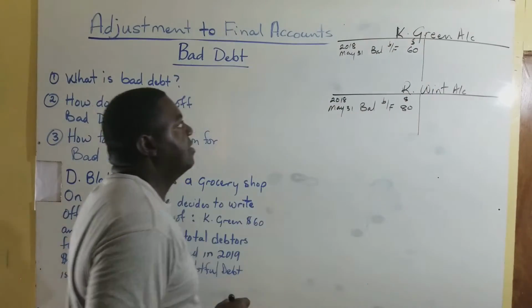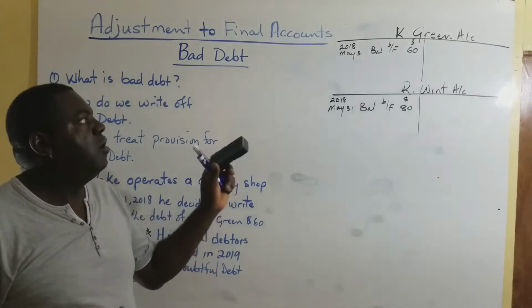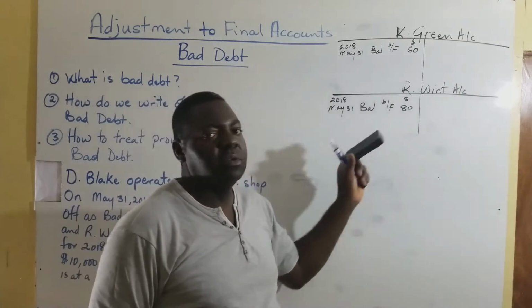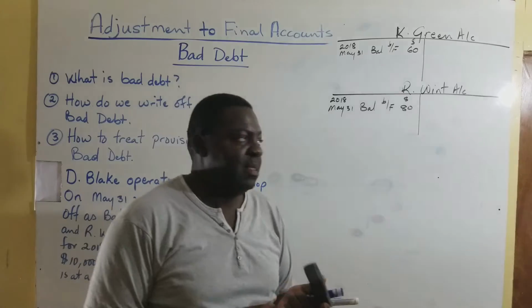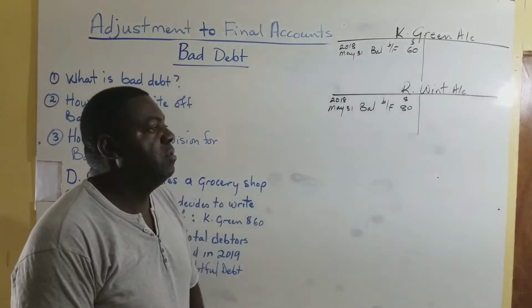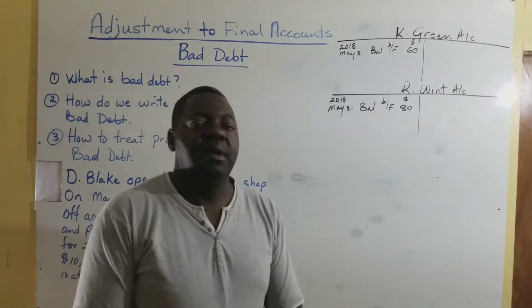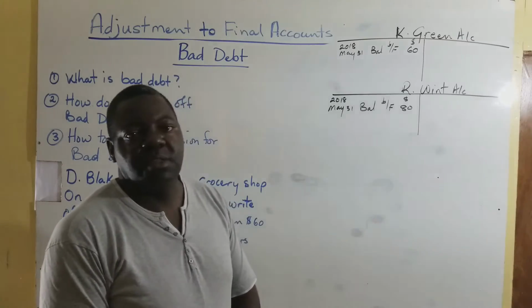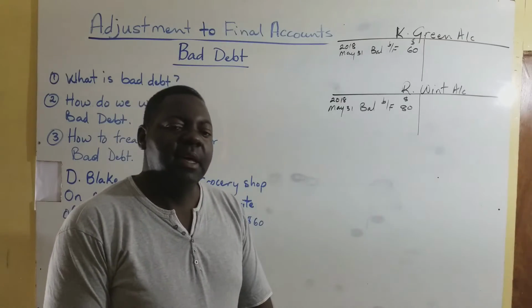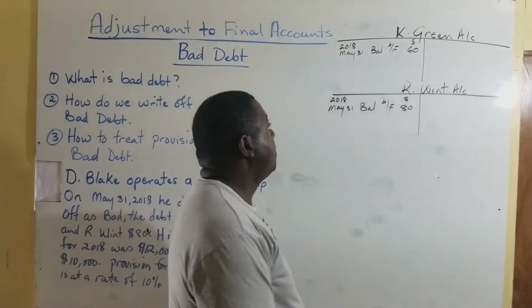All right. So that is what the accounts look like, showing that there's an outstanding balance that these two credit customers have for our business. And we're about now to write them off.